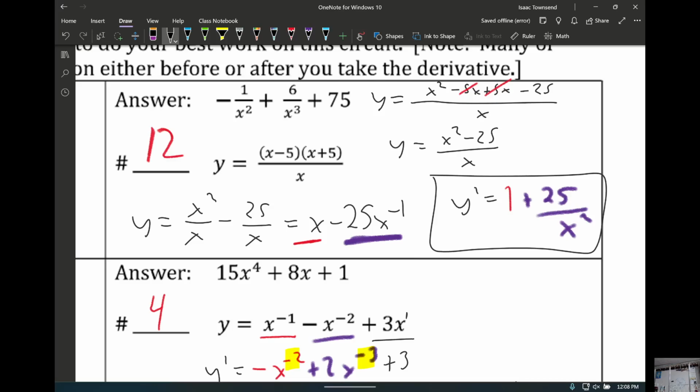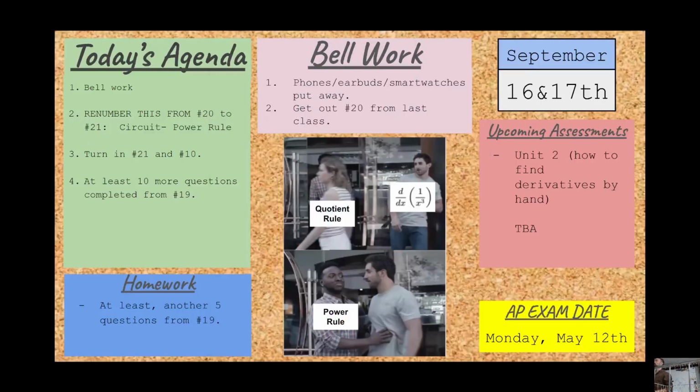I'm gonna try them out a little bit. You need to finish 21 and then turn 21 and 10 in at the same time.